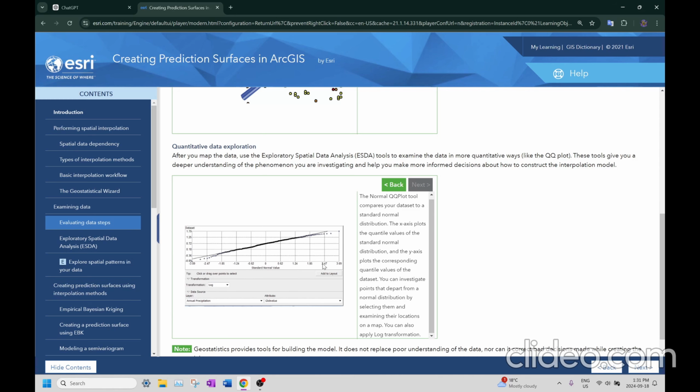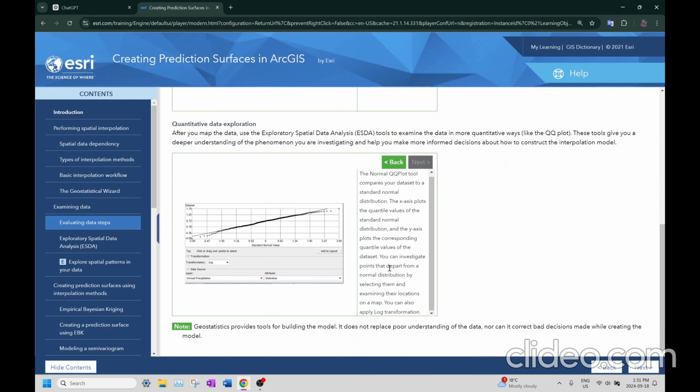The x axis plots the quantile values of the standard normal distribution. You see a zero over here. And the y axis is the corresponding quantile values of the data set. You can see if your points are departing from the normal distribution by selecting them and examining all of their locations on the map.